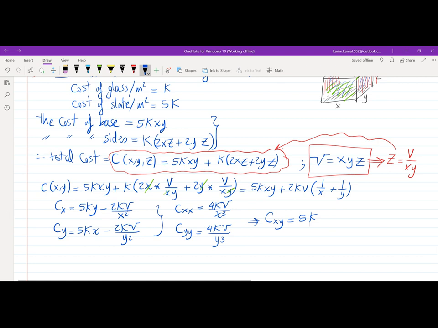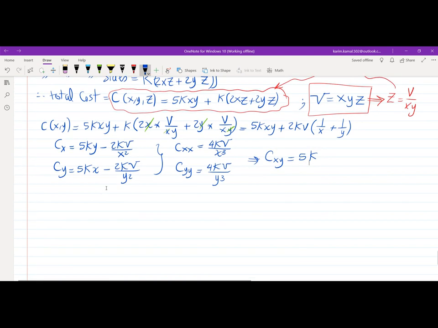And then like before, we put Cx equal to 0, which means 5Ky equals 2K times V over x squared. We can divide both sides by K, and then we get that y equals 2 over 5 V over x squared, and we call it equation number 1 in order to use it.